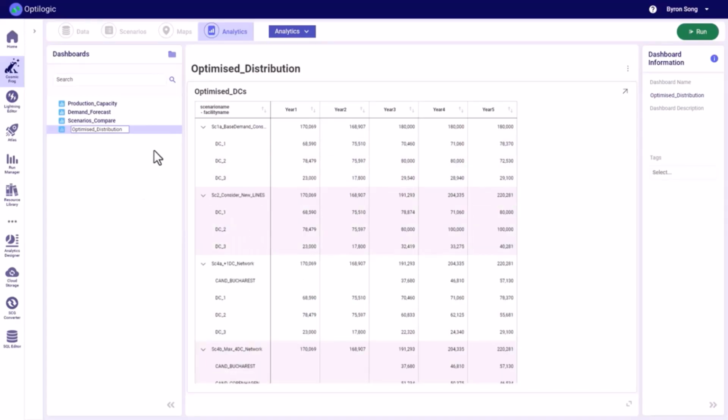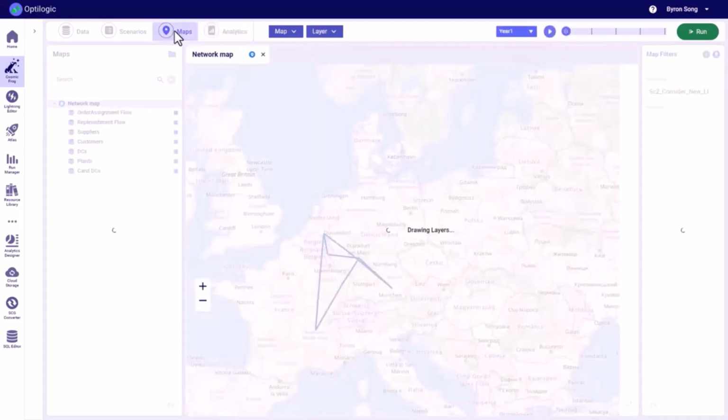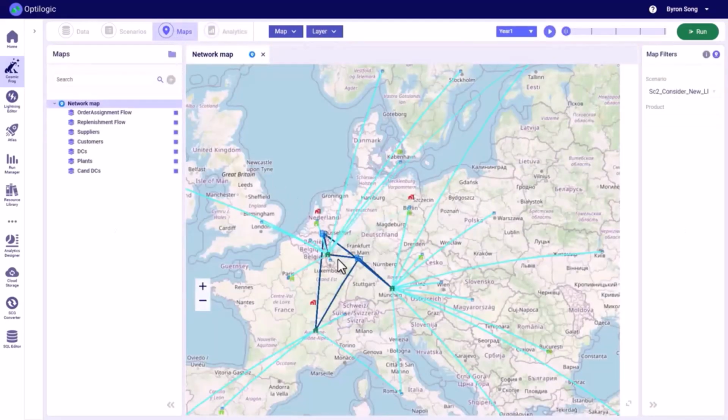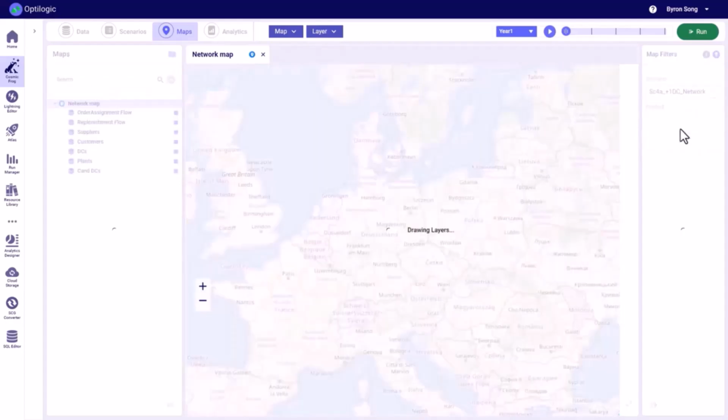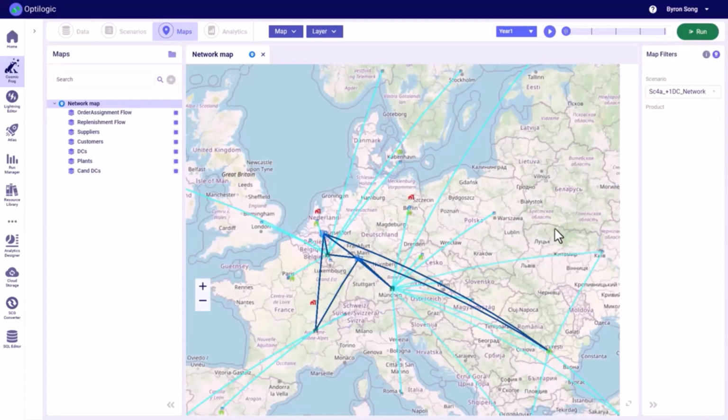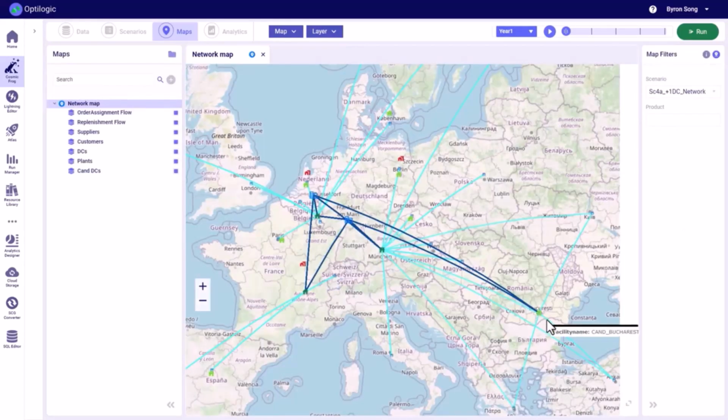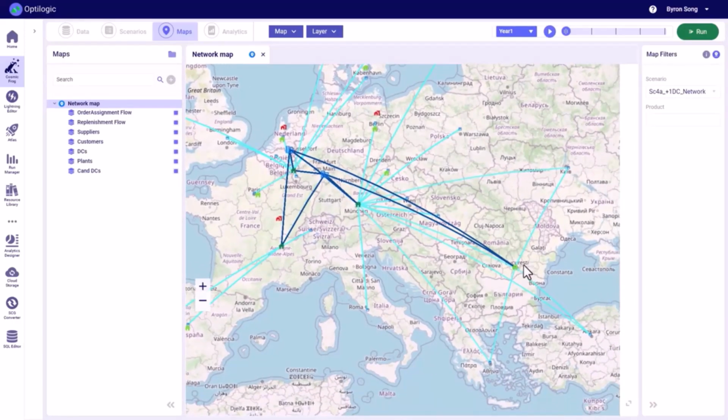Let's have a look at these results on the map. We can switch the baseline map to scenario 4A, and this is showing if we were to add a new DC, it would be this Romania DC in Bucharest, and this DC will be serving the growing demand from Eastern Europe, in Ukraine, Turkey, and Greece.